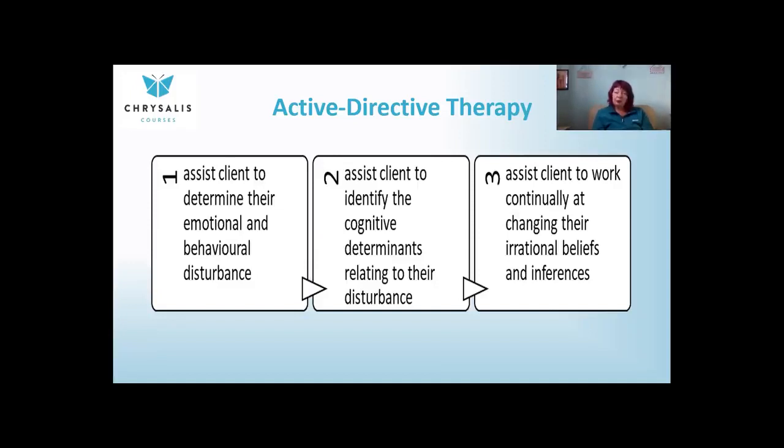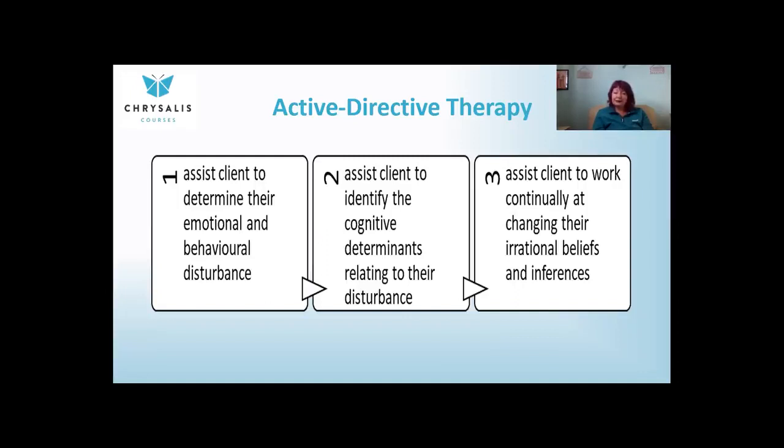And B is for beliefs, and this is the self-defeating beliefs that we have that are the source of unhappiness. And then C is the consequences. So those beliefs will cause thoughts and emotions which are distressing, and then we can behave in a way that is not really in our best interests. So those are the consequences.